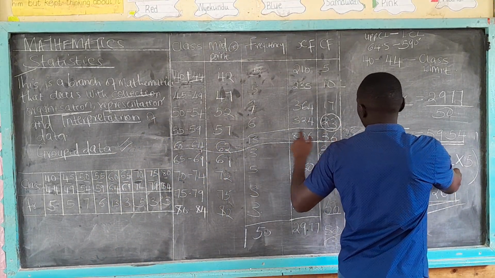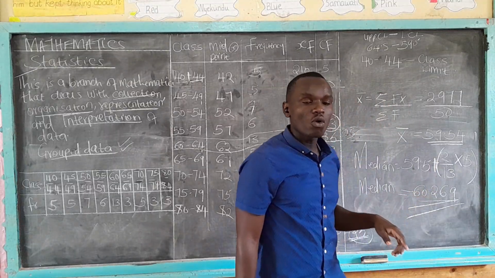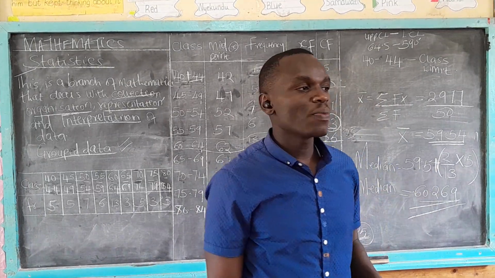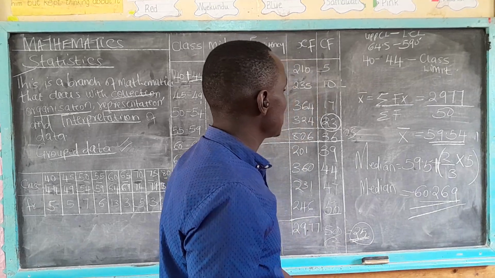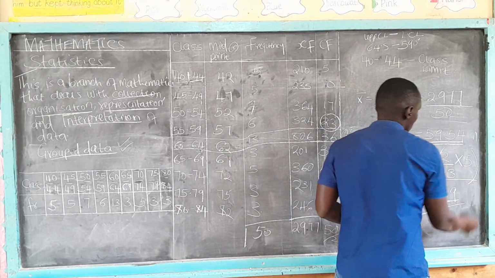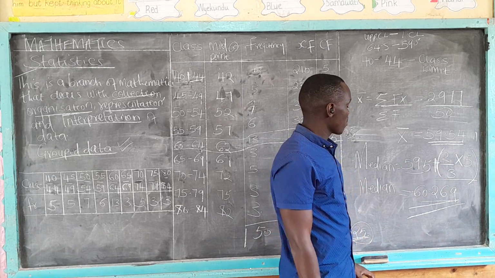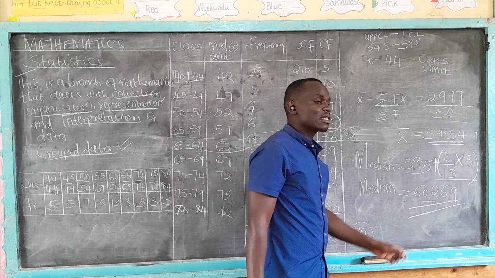You divide by the frequency of that class, and you multiply by the class interval. That is how you obtain the median. The lower class limit plus this section is what gives you the median.